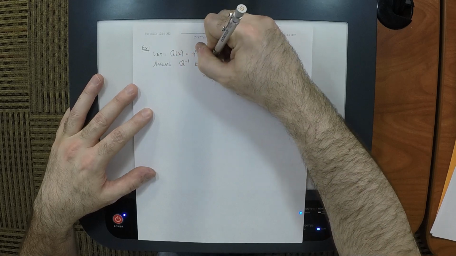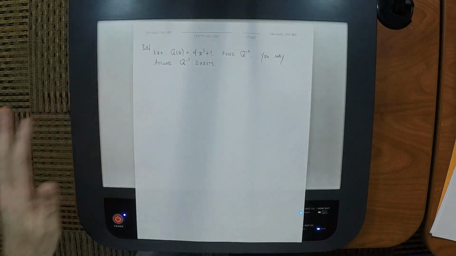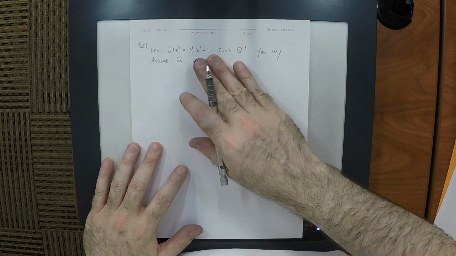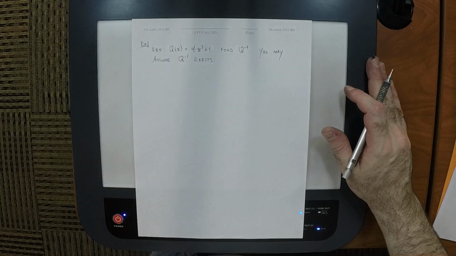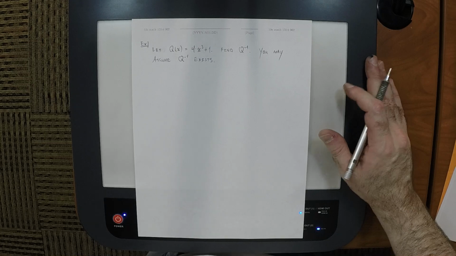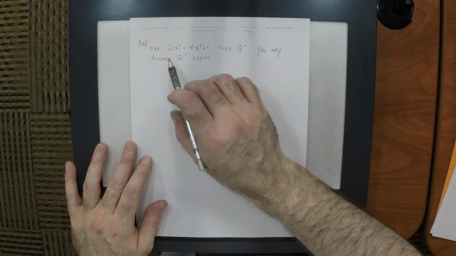So now the reason why I'm adding this last sentence, you may assume that it exists, is because after we go about figuring out how to find it, the next thing we're going to talk about is when do they exist. So later the question will not read like this.